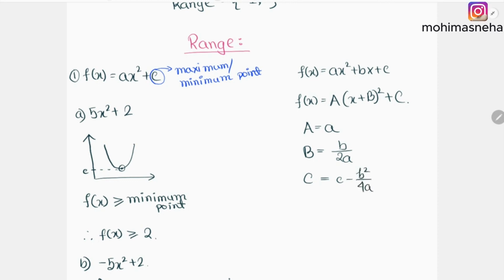Now these small a, b, c are a part of the original equation, and you convert this to the completing the square format, so you get the values of capital A, capital B, capital C.